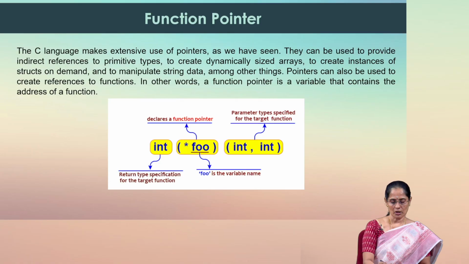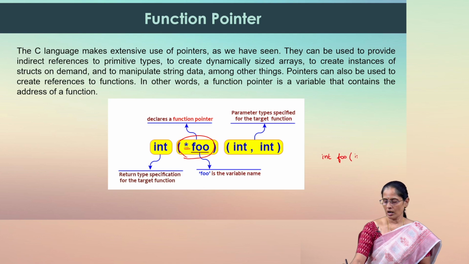The simple way of creating the function pointer is, with the function name, generally we will be using only the user defined function name. Along with the function name, we are supposed to add the symbol asterisk. So, the general syntax of a function is the data type; I use the data type as int, the function name which I am using as foo, and the list of arguments.